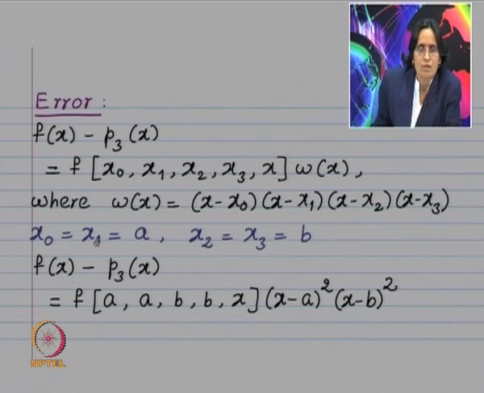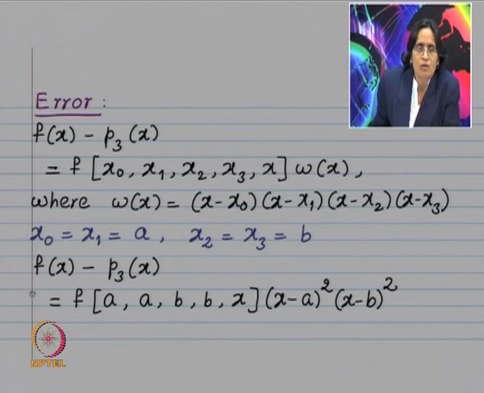We have x0 equal to x1 equal to a and x2 equal to x3 equal to b. So, that means the error will be the divided difference and then (x minus a) square and (x minus b) square.